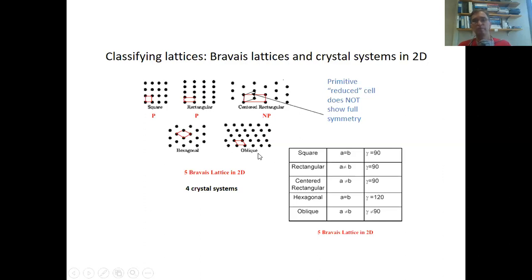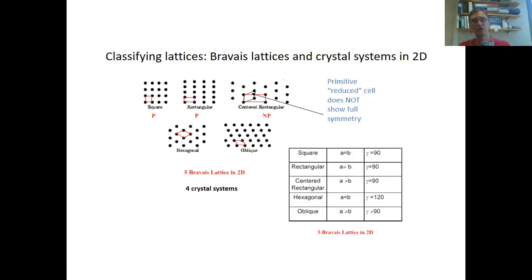We can go to a lattice in which these rows of lattice points are offset relative to each other, in contrast to here, where the rows of lattice points are not offset. Therefore the symmetry is being lowered.